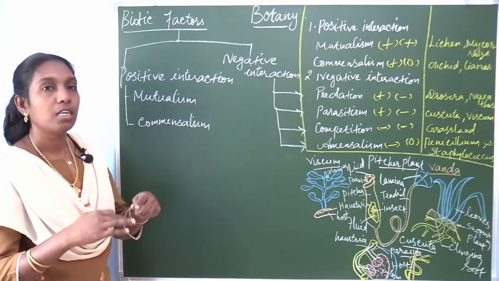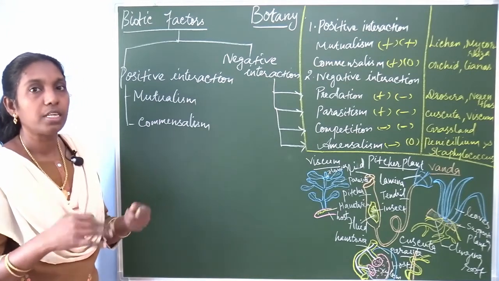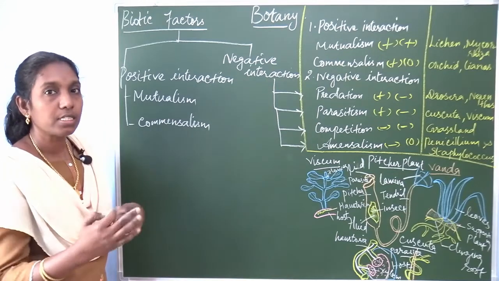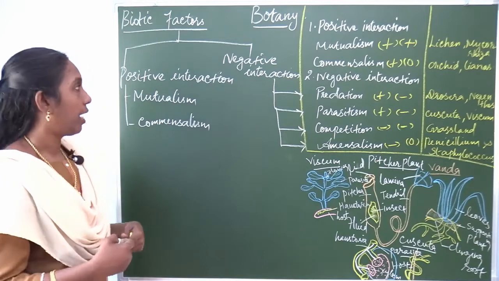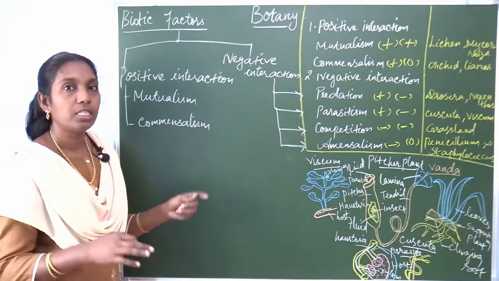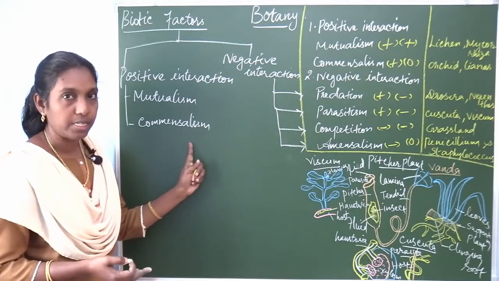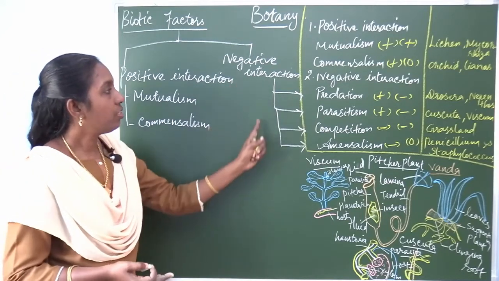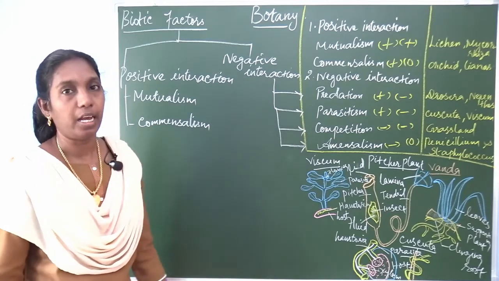In negative interaction, one is harmed while the other is benefited, or both are harmed. The positive interaction is again classified into mutualism and commensalism, and the negative interactions are predation, parasitism, competition and amensalism.